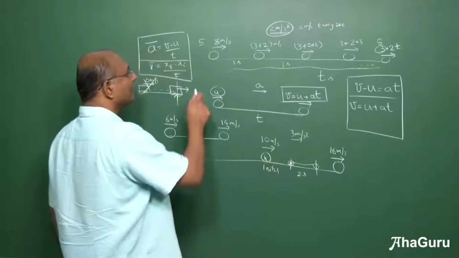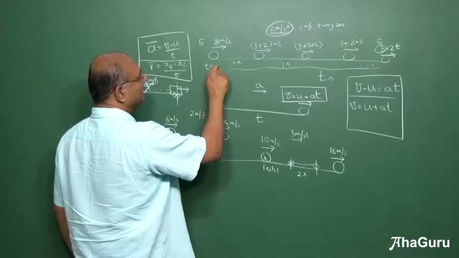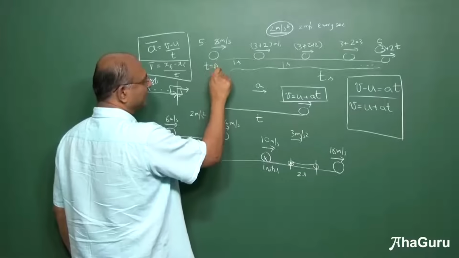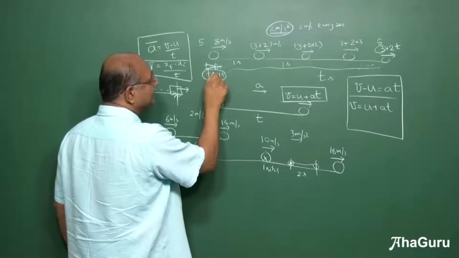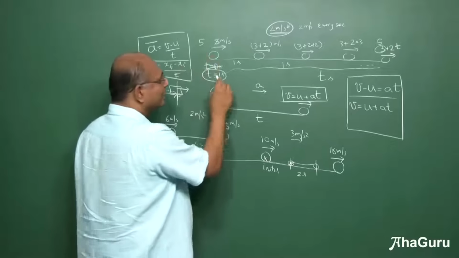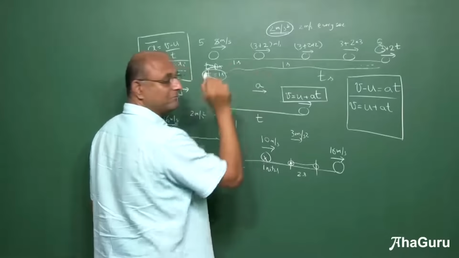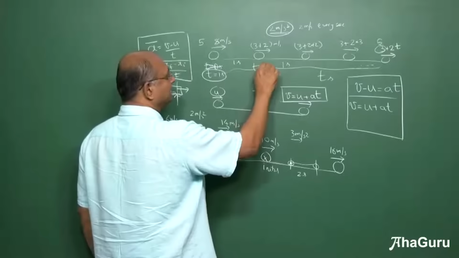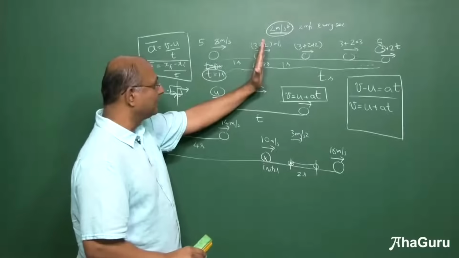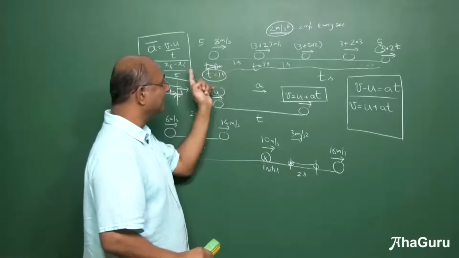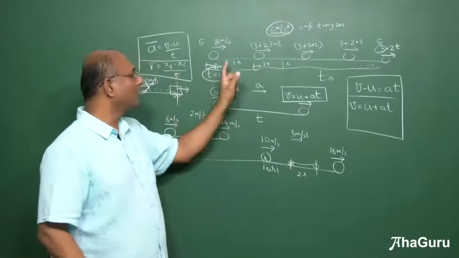Second point, usually we will talk about t equals 0 seconds here, but we could say t equals 1 second. This is time instant. This is time interval. Time instant 1 second to time instant 2 seconds has a time gap of 1 second.